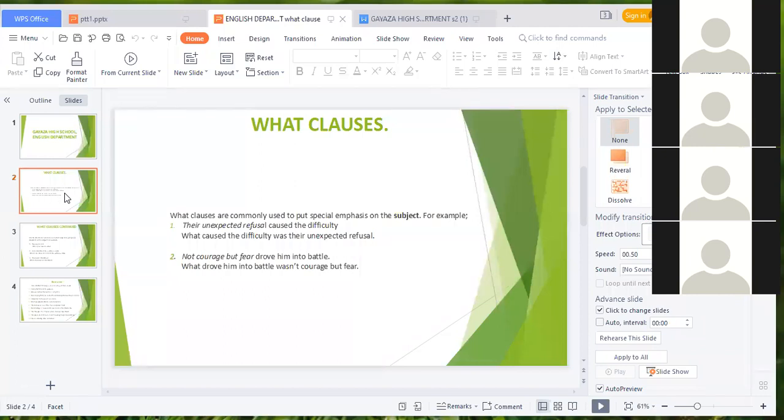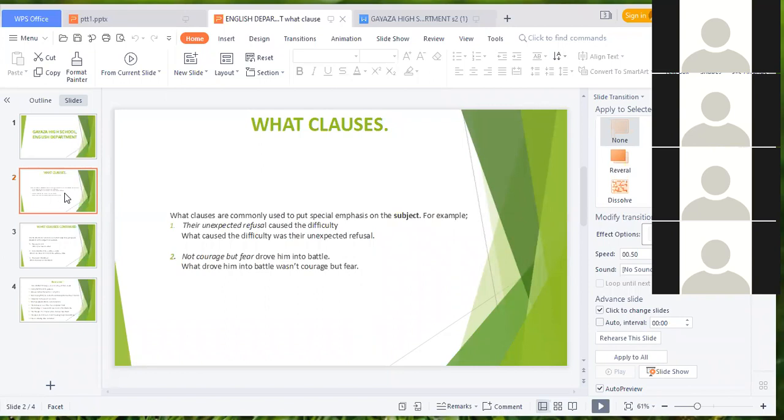Caused is the verb, then the difficulty is the object, or actually, the result. So we can use a what clause there and say, what caused the difficulty was their unexpected refusal. So we are highlighting the subject and we emphasize it by using the what, the unexpected refusal, because the difficulty is a little plain.